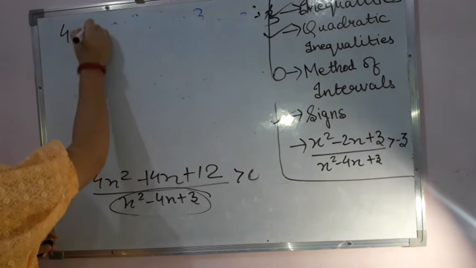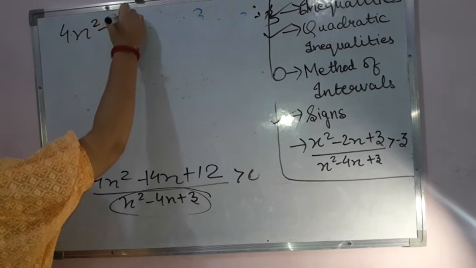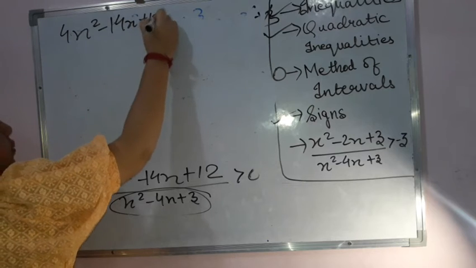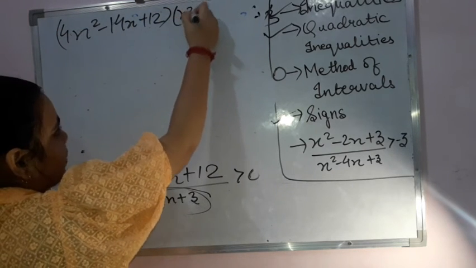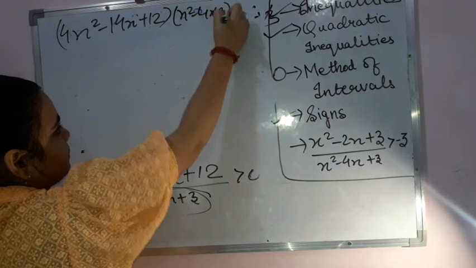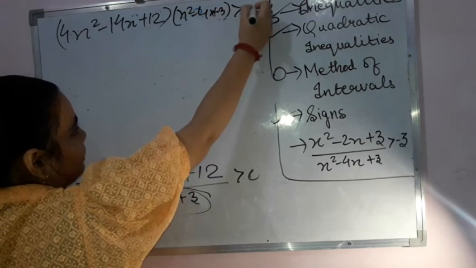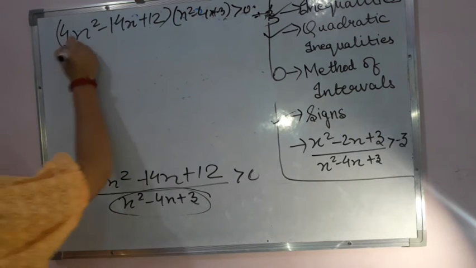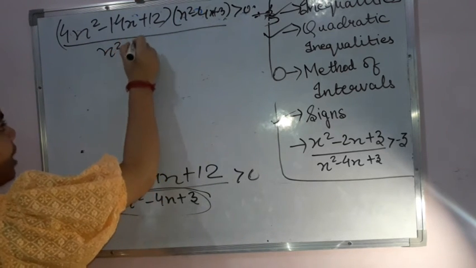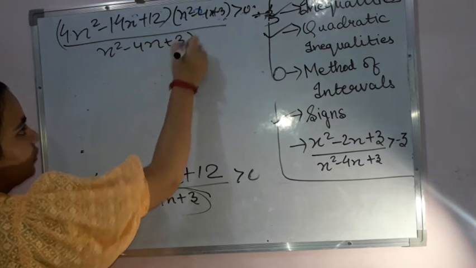So I get 4x square minus 14x plus 12, and this to be multiplied with what? x square minus 4x plus 3, and this side also multiplied with this, so it is already equal to 0 only. Right? And upon we have x square minus 4x plus 3.